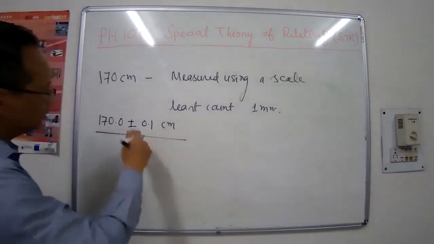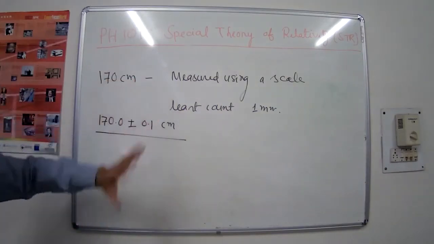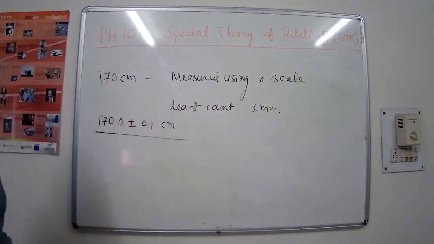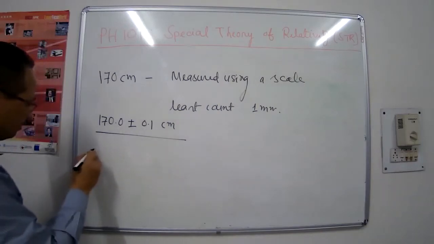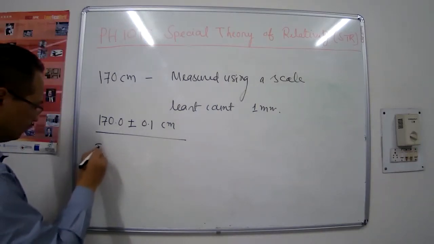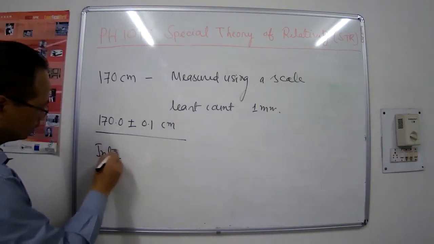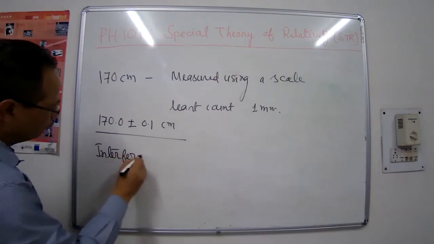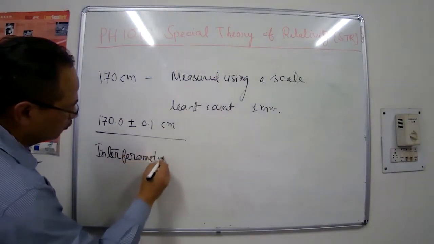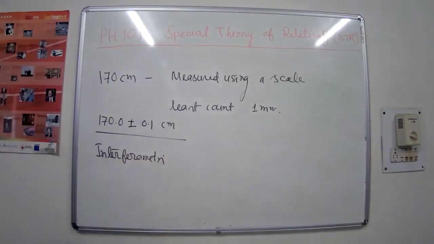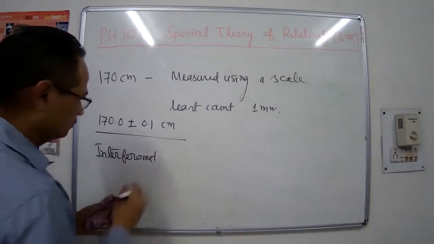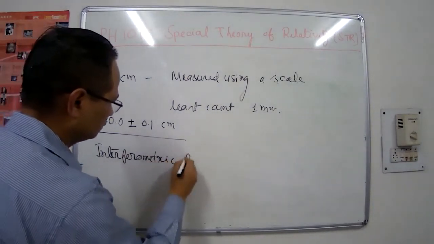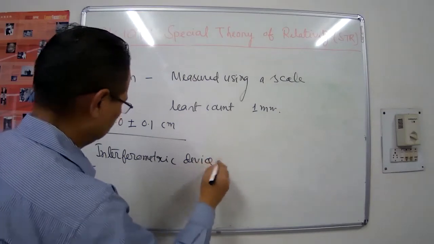But you know, height is another manifestation of length, and there are very precise ways of measuring length. One is using an interferometric phenomenon or interferometric device.